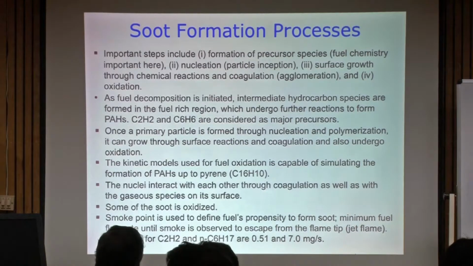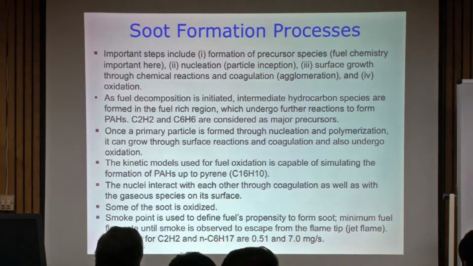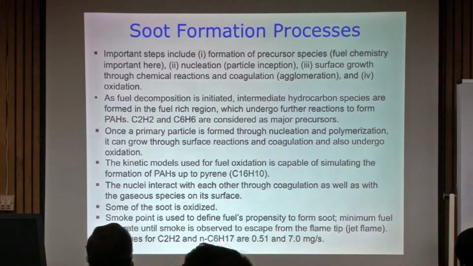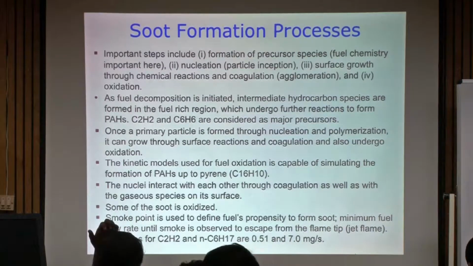So for the acetylene flame, it's like an index, 0.51, compared to this other flame. But anyway, the main point is that C2H2 propensity is much higher, because at very low flow rates it will form soot.